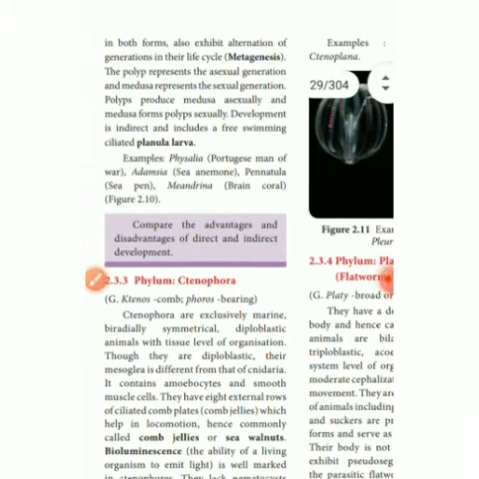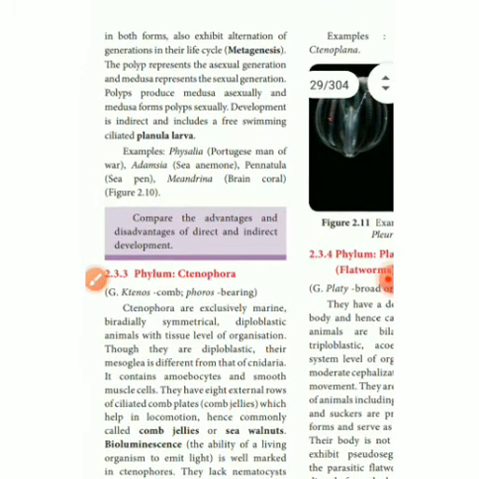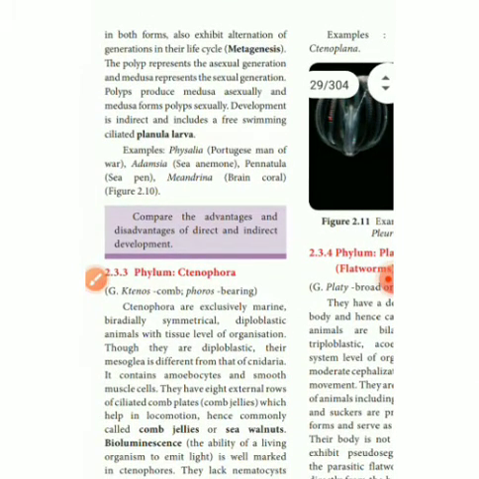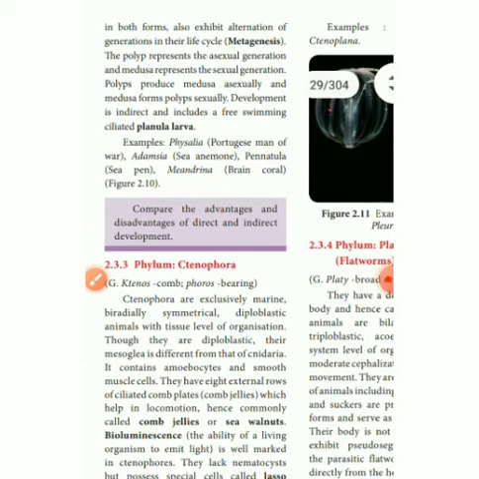Next we go to phylum Ctenophora. Ctene means comb, phora means bearing. So comb bearing. Ctenophores are exclusively marine, biradially symmetrical diploblastic animals, with tissue level of organization. Though they are diploblastic, their mesoglea is different from the Cnidaria. It contains ameboid cells and smooth muscle cells.